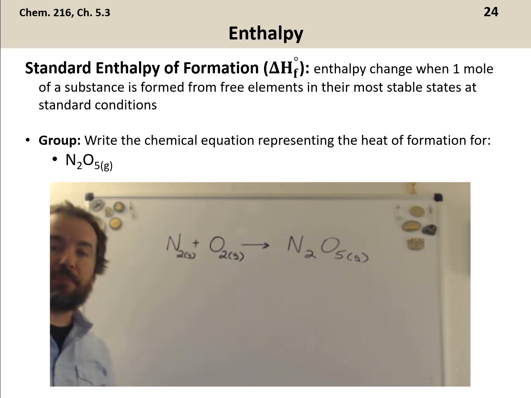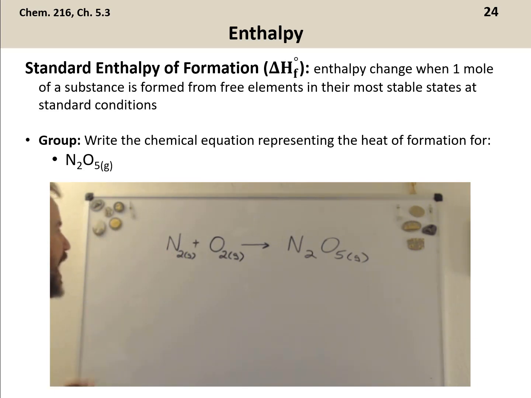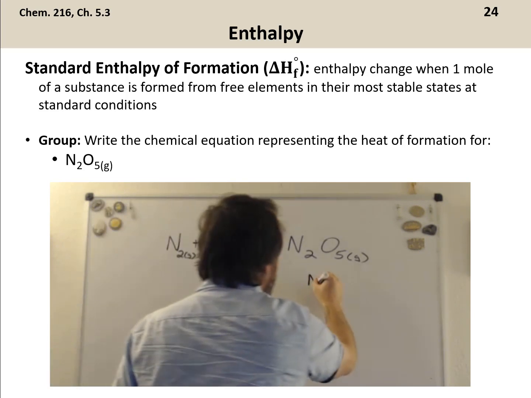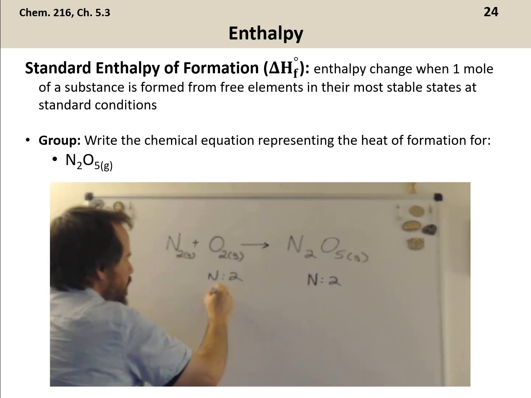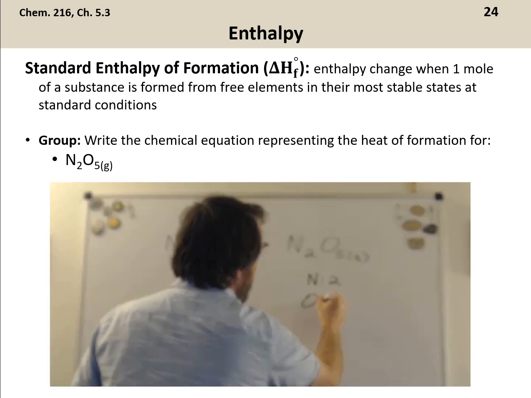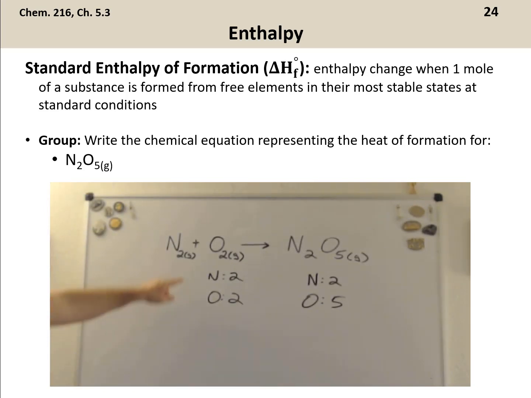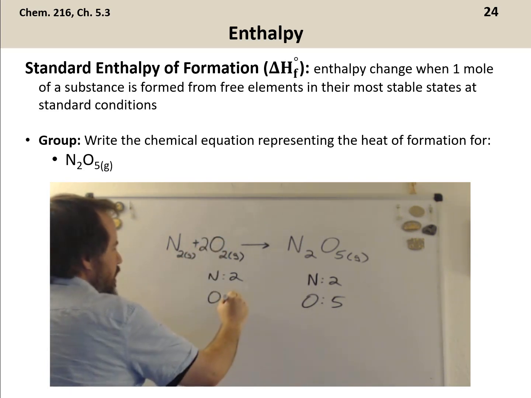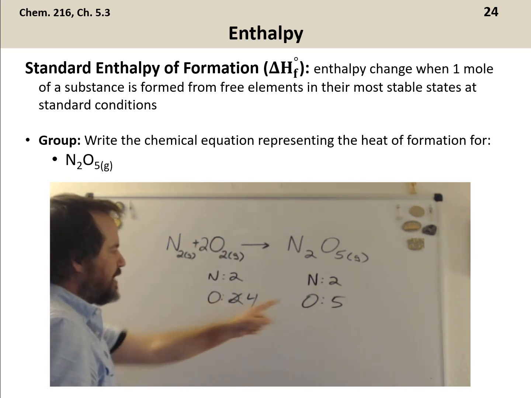That is my equation, but it's not balanced, so I need to balance it. Notice I have 2 nitrogens here, 2 here. I have 2 oxygens here, 5 oxygens here. So I need to put something in front of there. Well, if I put a 2 in front of here, that's going to get me 4. That's not enough.